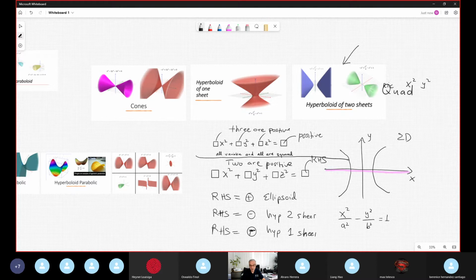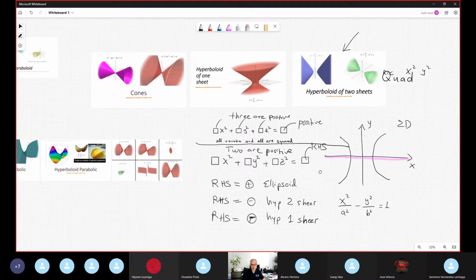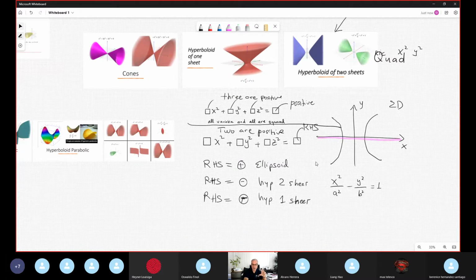Okay, maybe I complicate the explanation too much. It's super easy, look. Suppose that one is negative among the coefficients of x, y, and z. Then hyperboloid 1g. Suppose that two are negative, hyperboloid 2g. Suppose that everything is positive, ellipsoid. End of the story. And suppose that the right hand side is 0.